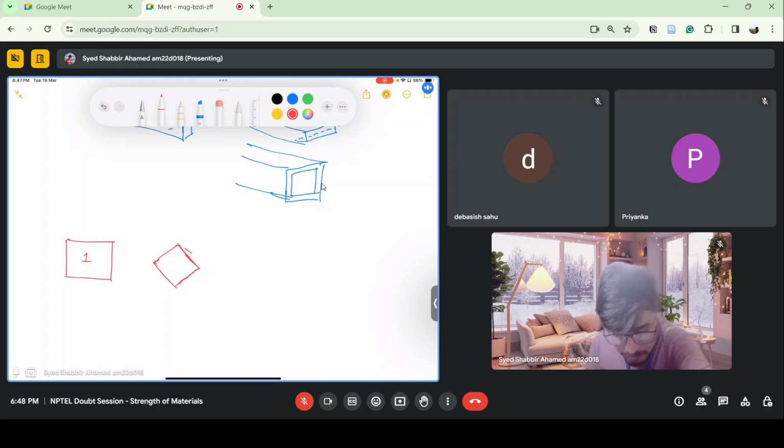Instead of placing it on its side, it is rotated about 45 degrees and kept like this. Both have the same side, let's say A.